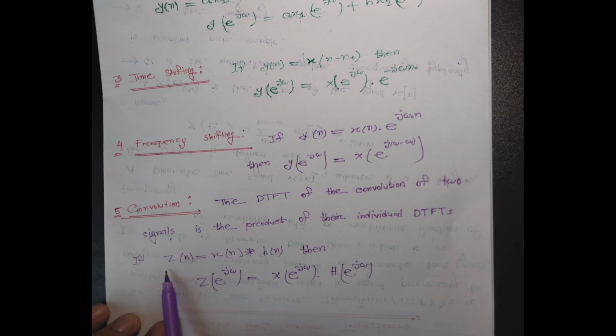If the signal z[n] equal to x[n] convolution h[n], then Z(e^jω) equal to X(e^jω) into H(e^jω).